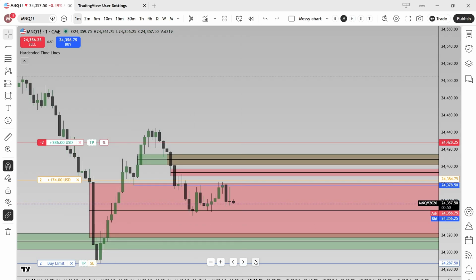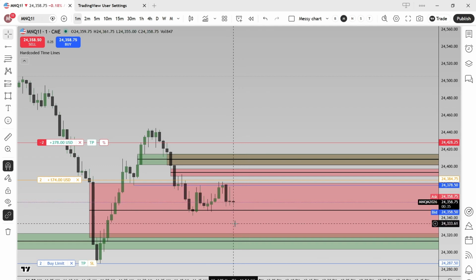Once it gets below this, should be a good area for price to just run. I don't want to see it play around in the upper half after we get below this.